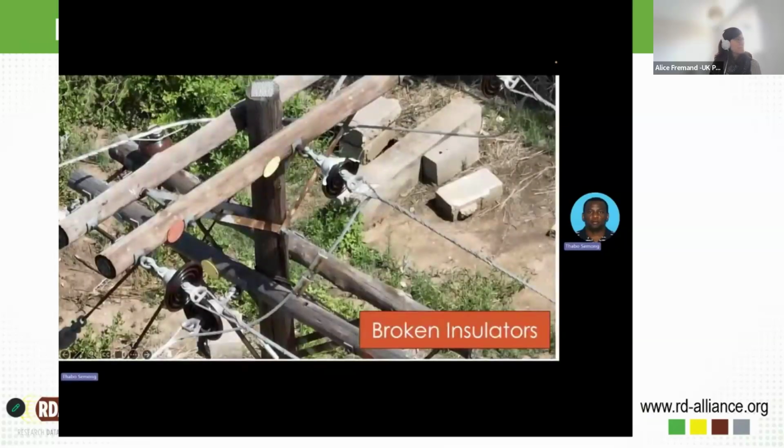Another example here is the broken insulator. As you can see, it is broken on top. When you are moving underneath this power line and you just look up to see if everything is fine, you might think everything is fine and pass, but this insulator is really broken on top, so it becomes a problem.